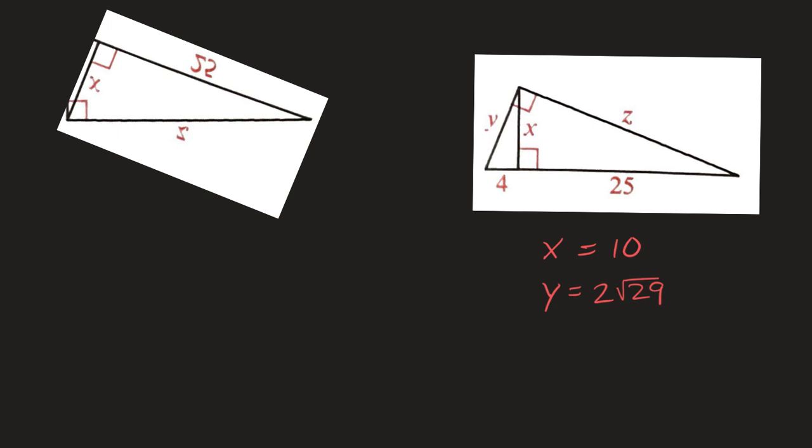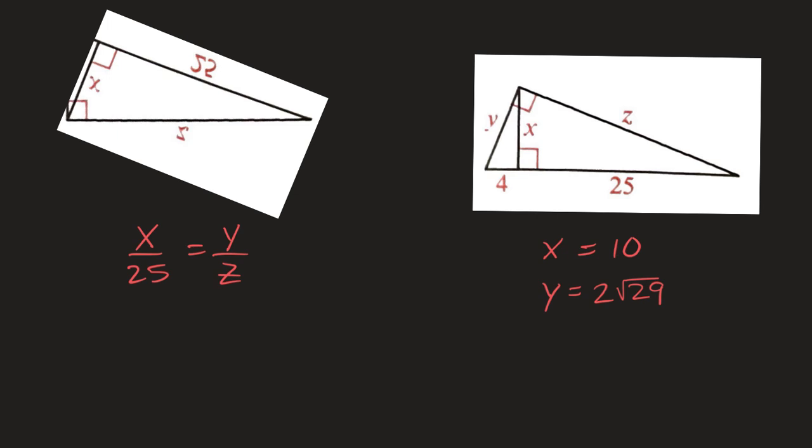So if I was doing this with similar triangles, maybe I would do x over 25. So that means the short leg to the long leg is equal to y over z.